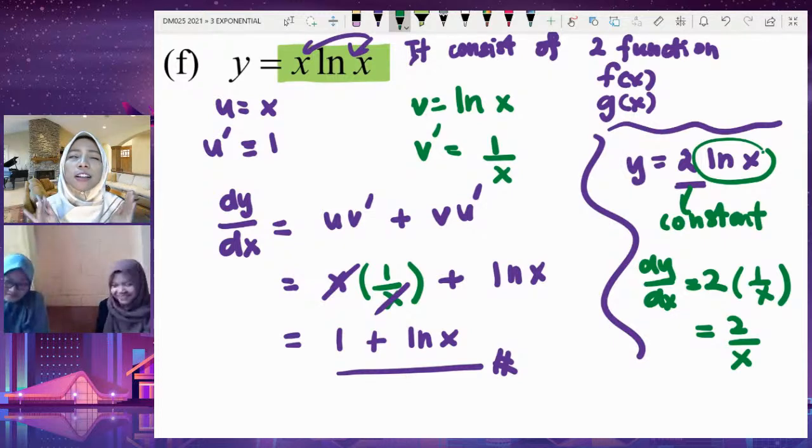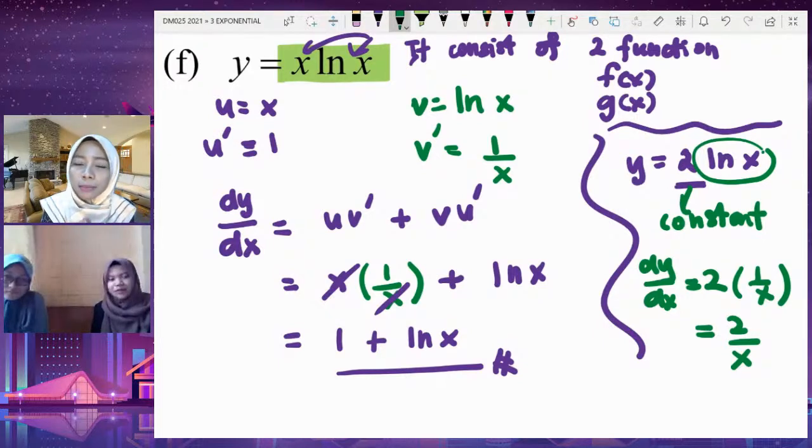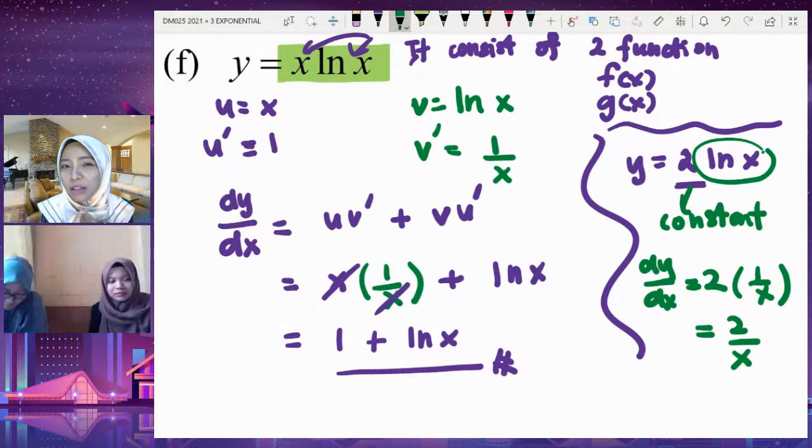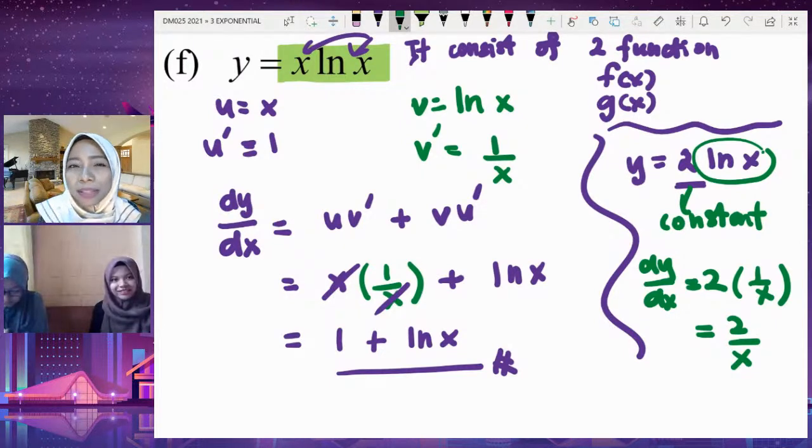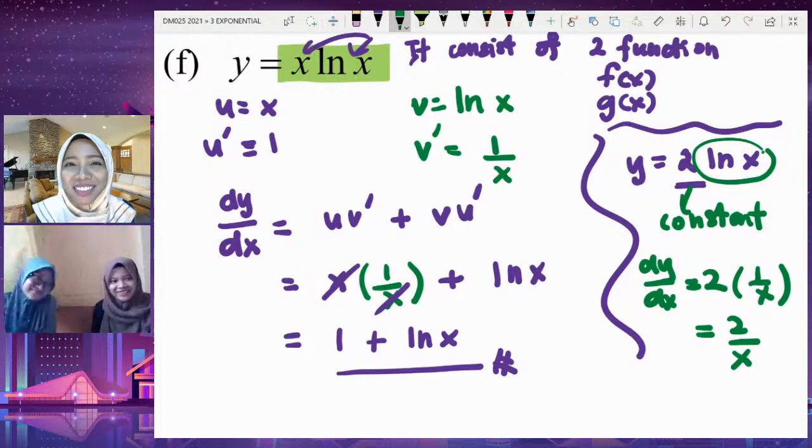That's why people say differentiating ln is difficult. Actually it's not. Differentiating log is difficult because, first, the student doesn't understand what kind of function is given in the question, and second, there is a lack of understanding in log properties. They are not proficient with log properties. So if you have that weakness, make sure that you revise again, okay?